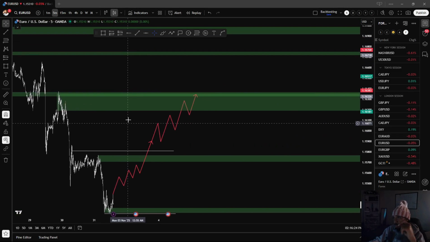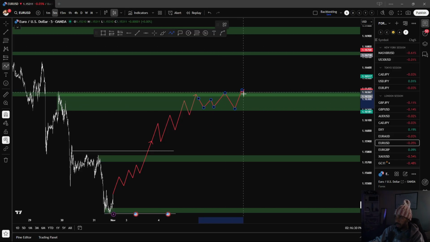Now, price can do one of two things. Well, three things. Price can consolidate, trade sideways, look around, and then it could shoot up, not straight up. It's possible you might get a strong candle to the upside.